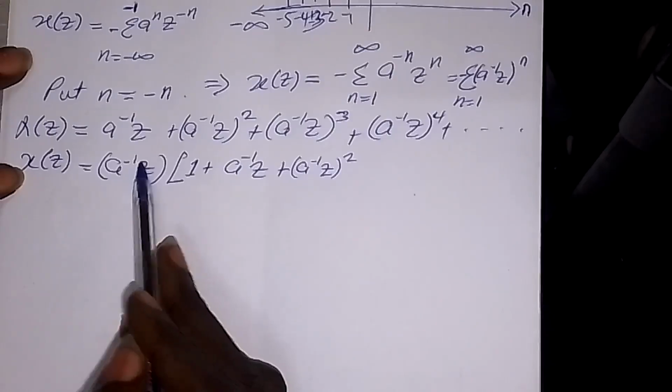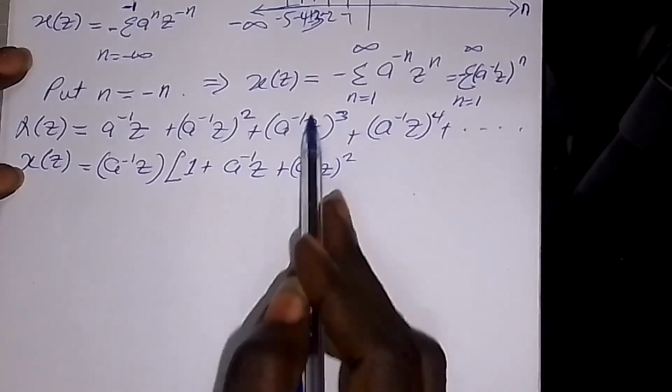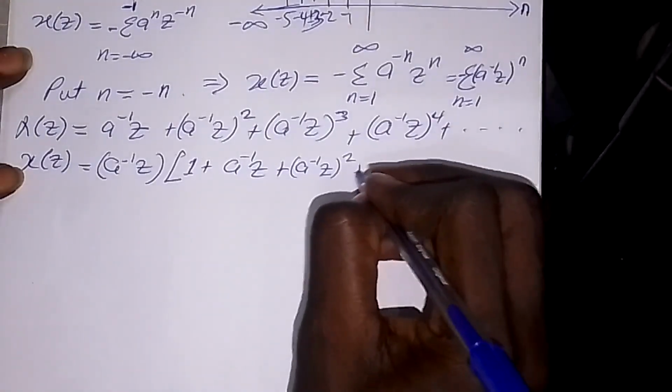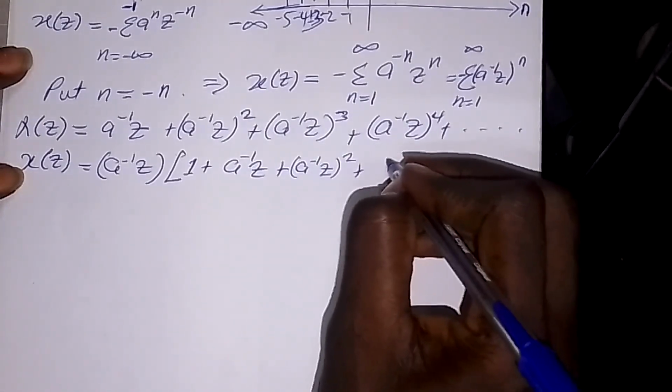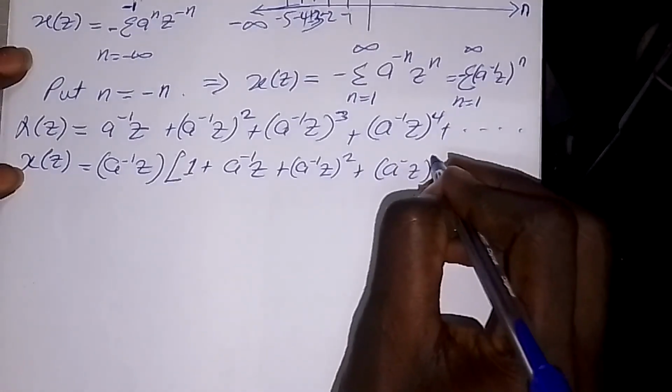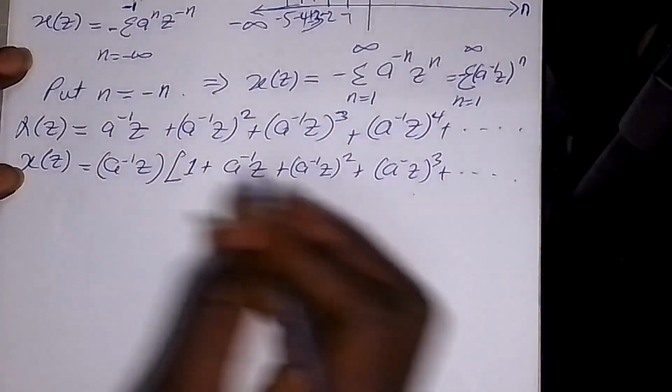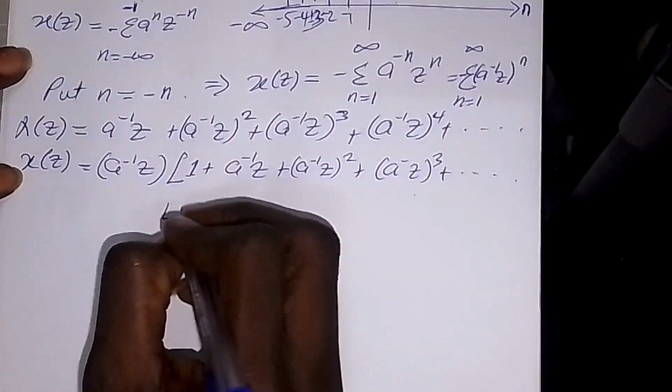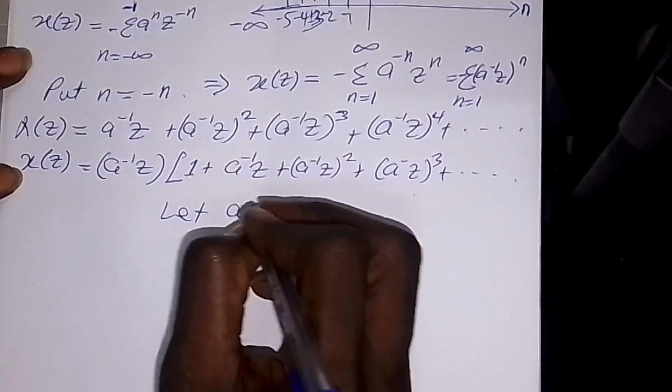And z exponent 1 times z exponent 2 will be z exponent 3. So it's the same. Similarly here, you get a exponent minus 1 z into 3, plus up to infinity.